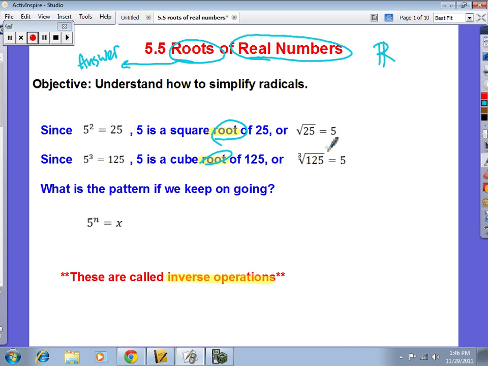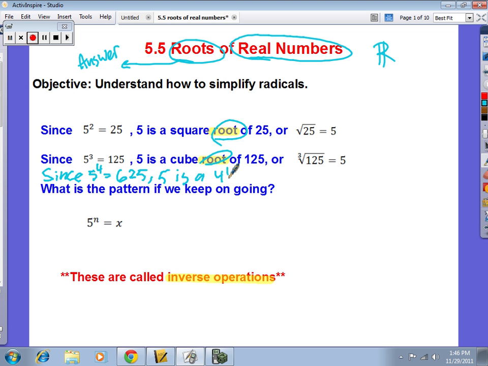Let's write this in. See if you can squeeze it in. Since 5 to the 4th, so we got 5 to the 2nd, 5 to the 3rd. What's 5 to the 4th? 625. So since 5 to the 4th is 625, 5 is what kind of a root?